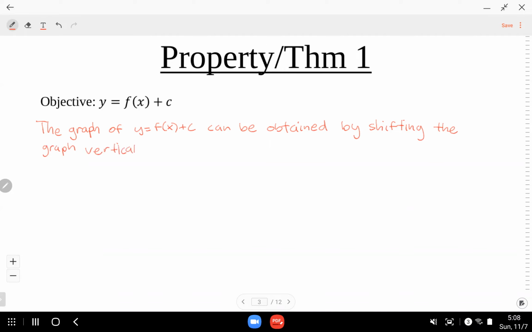And it's going to be shifted vertically by the absolute value of c units. So basically, if c is positive, we're adding a positive number to the y value, which means the y value is going to increase. That means we're shifting up. So if c is positive, shift up. And if you shift down, then c is going to be negative.